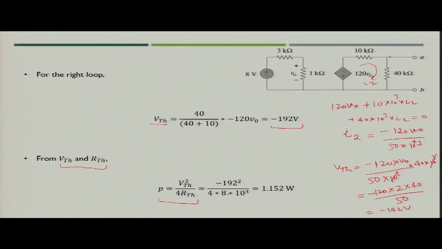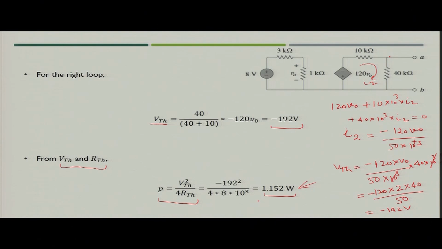So, you just put value of 8 into 10 to the power 3, and when you simplify, you will get the value of the power which is being transferred to the load as 1.152 watt, and this would be the maximum power which is being transferred to the load, which would be connected across the terminal A B.